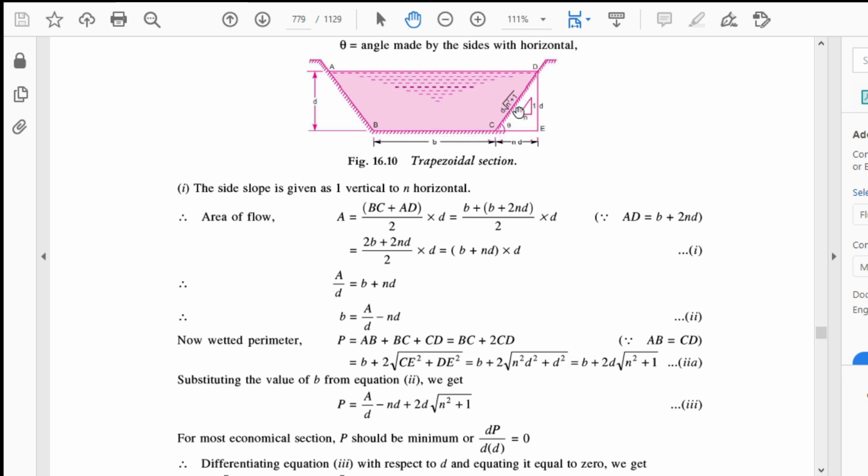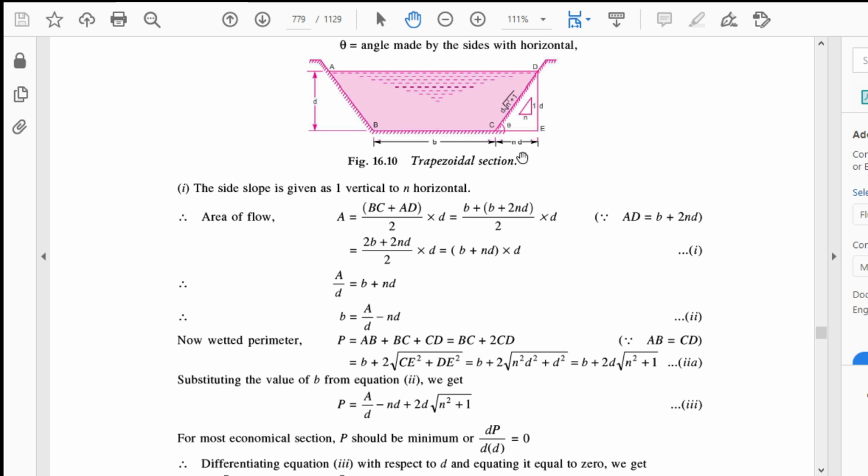Now by using side slope 1 in n, we can find this CE extension as ND. This CE is the same for this side also. So the top width will be BC plus 2 times CE, one for this and one for this.